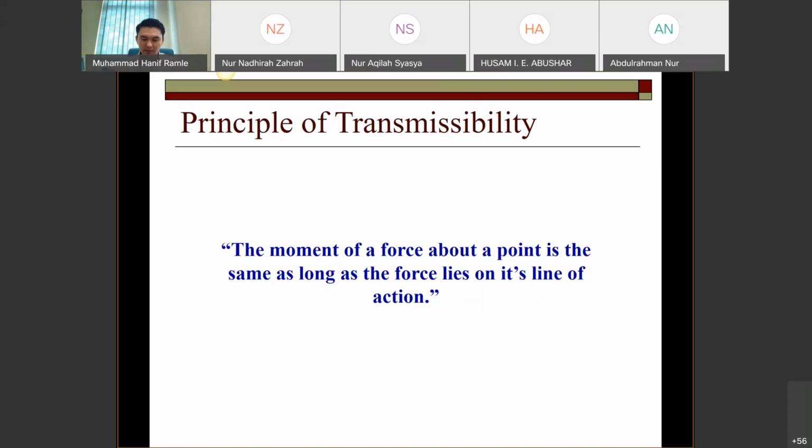Right. So let's say you have this rigid body, for example, like this. Your force is from here, for example, this one.